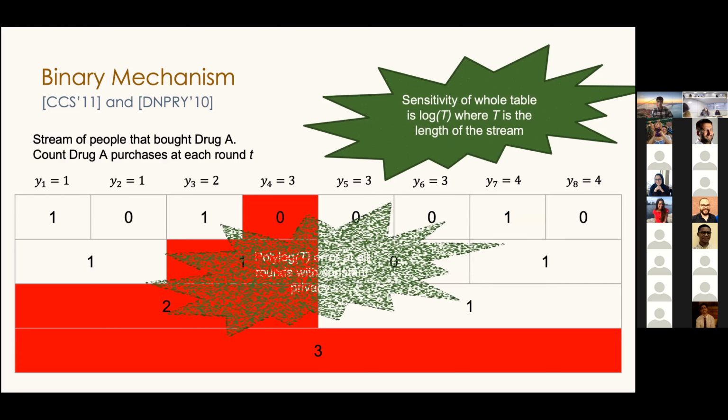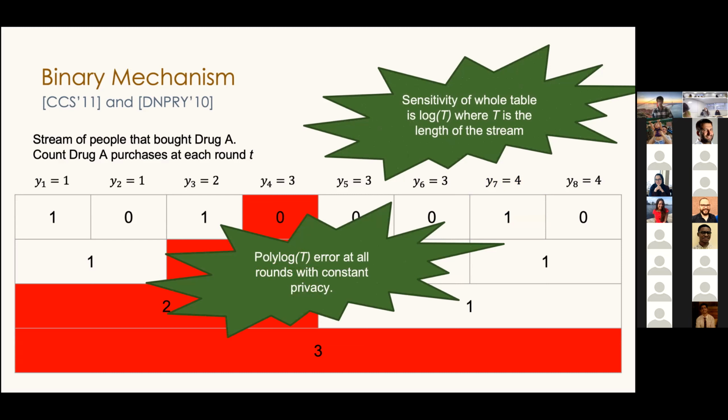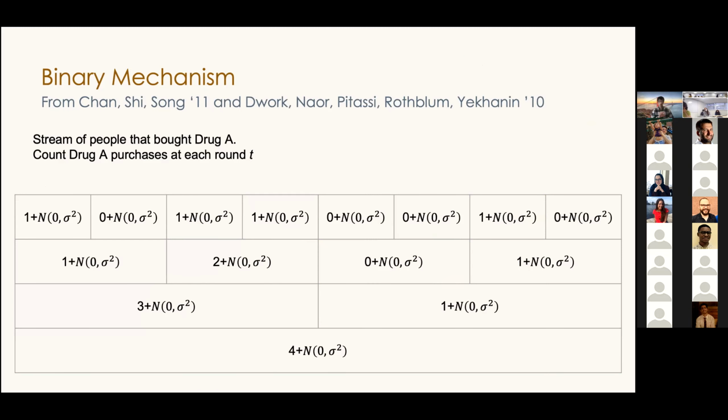And so the error we have to pay will be polylog of the stream size, because if we add noise in every one of these cells, then the running count at any one time goes through at most log of these cells. Okay, so that's the binary mechanism.